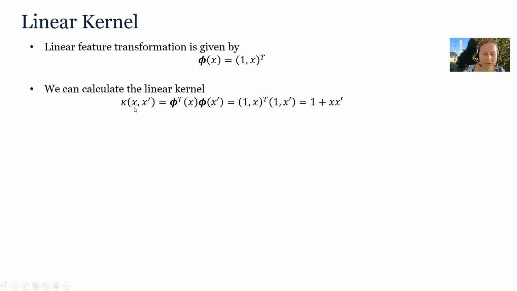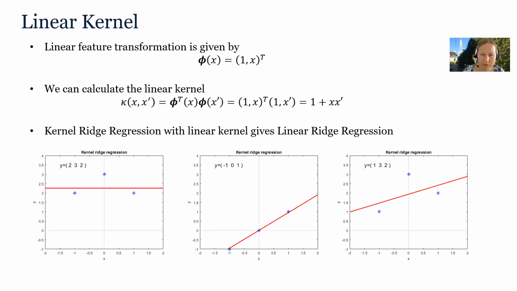If we have a feature x and a second feature x prime, then we calculate it as phi transposed x, phi x prime, and it will give us 1 plus x x prime. And if we use this kernel in kernel ridge regression, we get linear ridge regression.